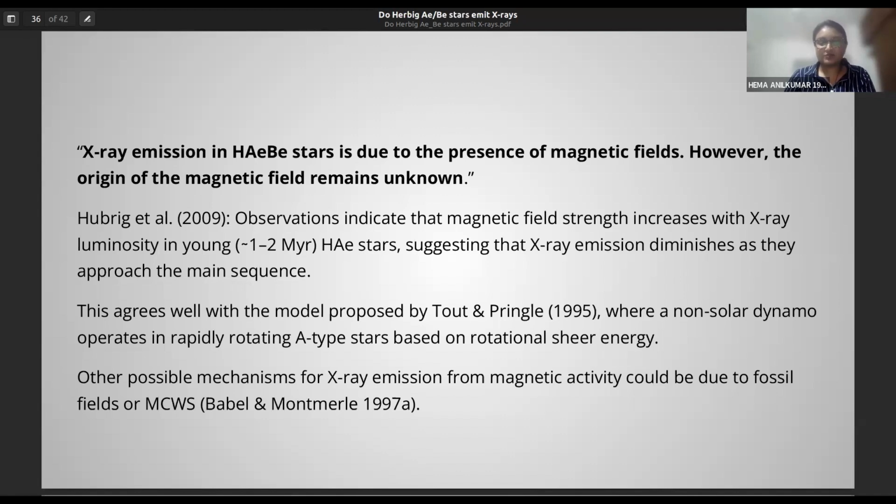So from whatever studies we have done, we can only say that magnetic fields could be present in these stars, and they could be the reason for the X-ray emission in them. Other than that, we really don't know how the magnetic field could be present in these stars.